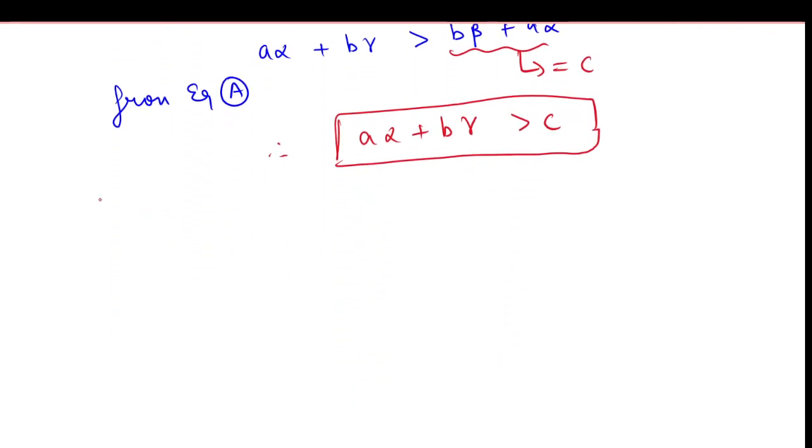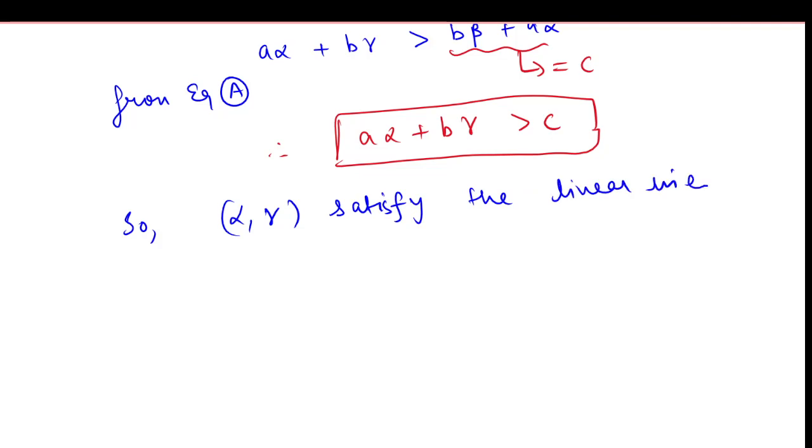So alpha comma gamma satisfies the linear inequality ax plus by greater than c.